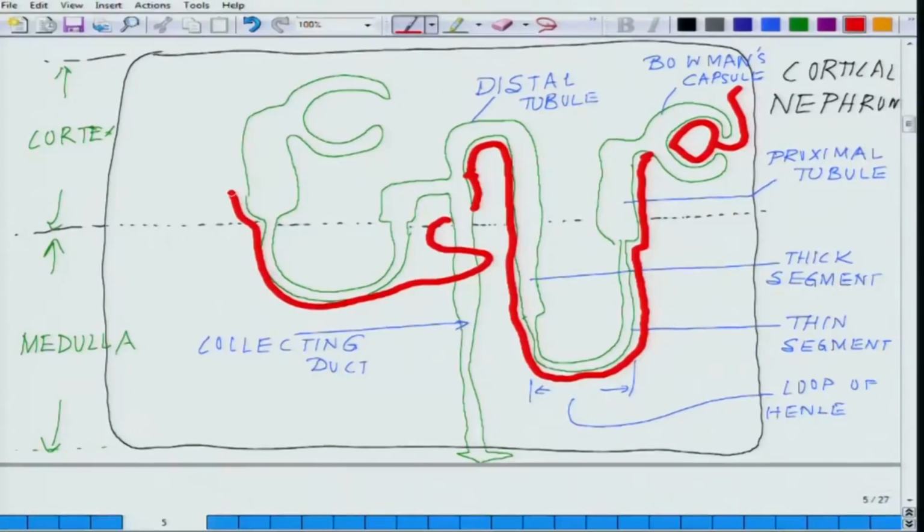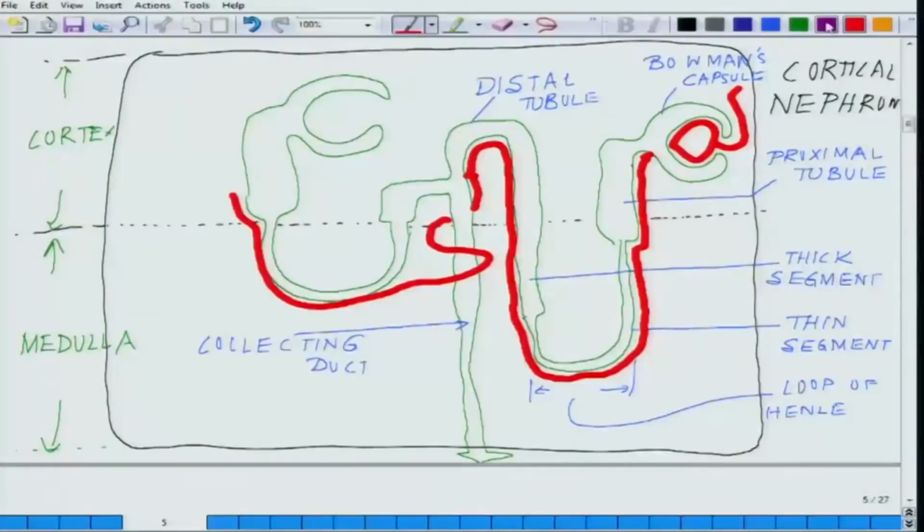As I was showing you in one of the previous slides, there are two parallel tubes moving side by side, and this is how complex it looks. That is why I told you that I will draw a very simple diagram, which will help you understand how they are side by side, and that there are specific zones where specific functions take place, and there is something called the counter current mechanism.